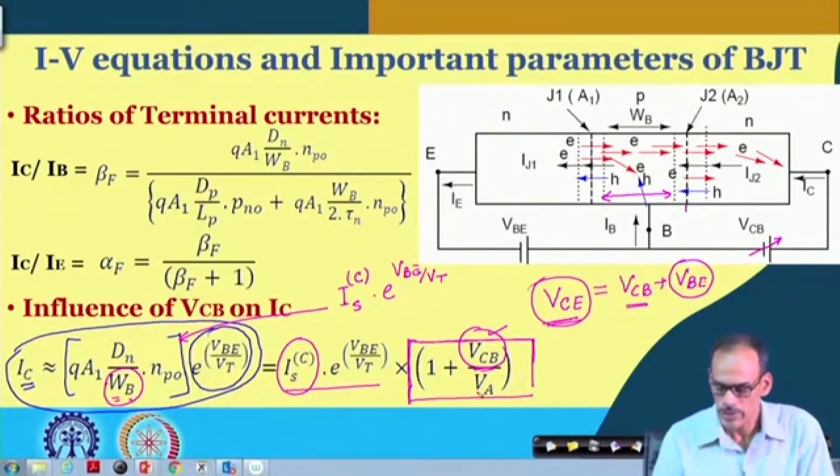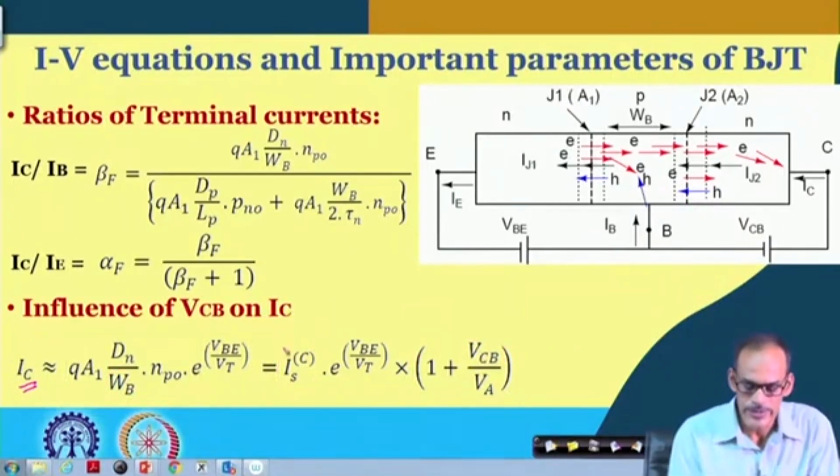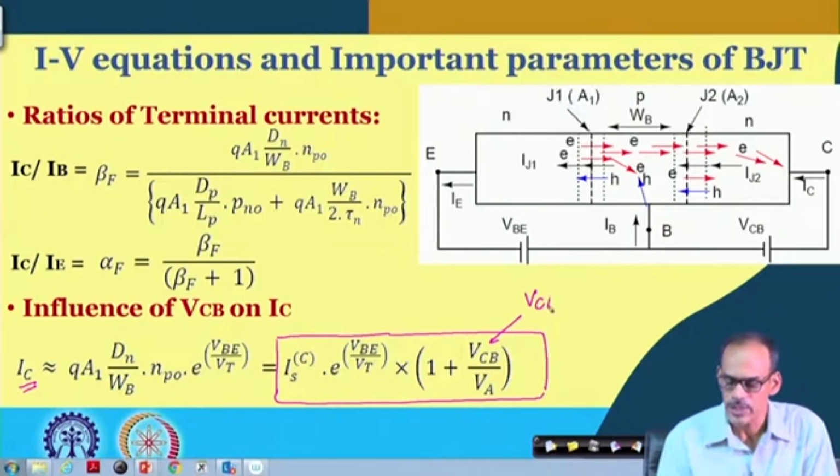So, at the end of it what we are getting is the collector current as a function of V_BE through this exponential function, with a constant, and also having linear dependency on either V_CB or V_CE.